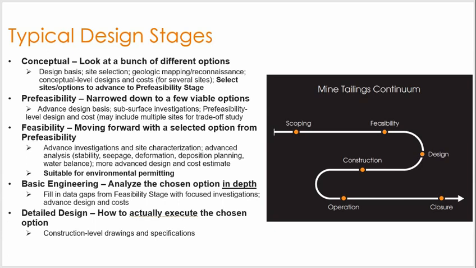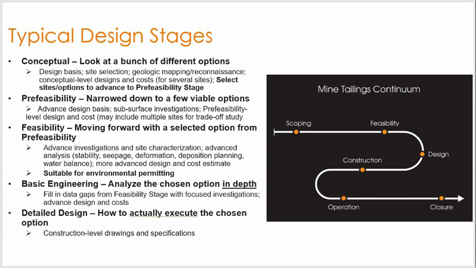You would start with a conceptual design phase where you might take 12, 15 different alternatives, and these are different sites you might look at and develop a basic level design for each. The idea in this phase is to simply weed out what you know is not going to work, and maybe narrow it down to 3 to 5 options.